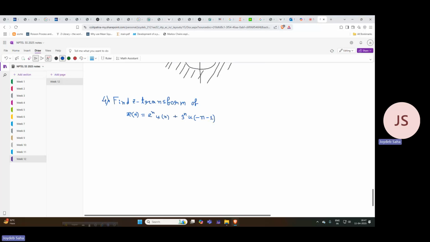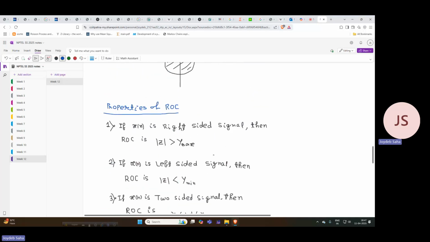Fine. So this is a right-sided signal, this is a left-sided signal. This is RSS, the right-sided signal.